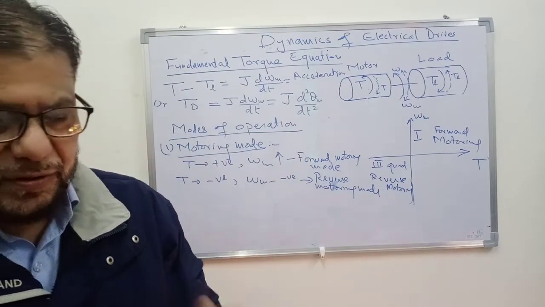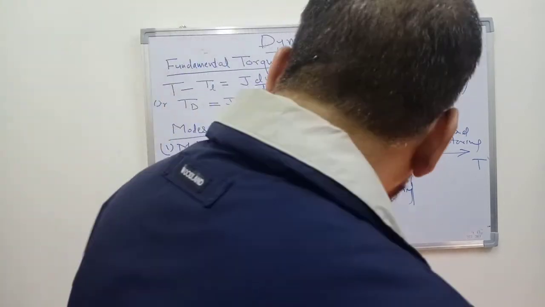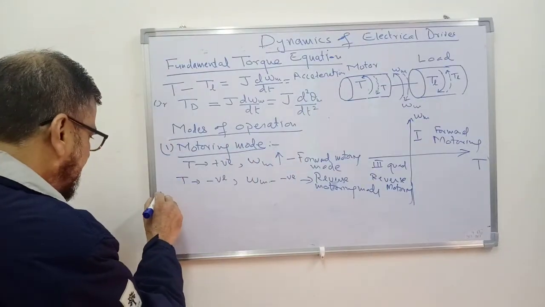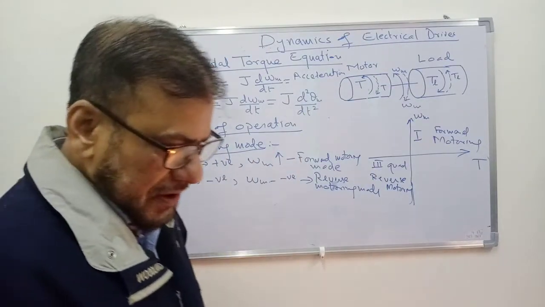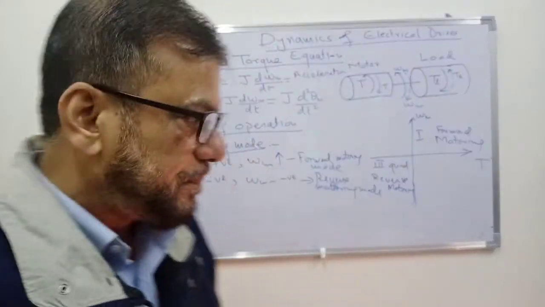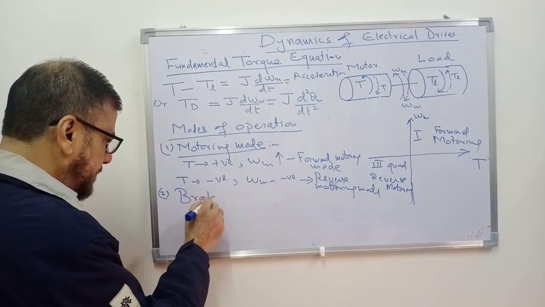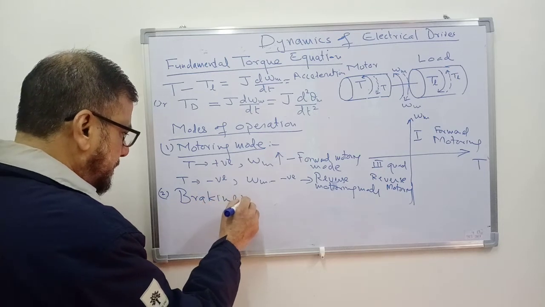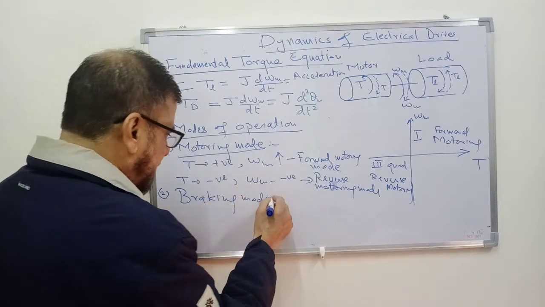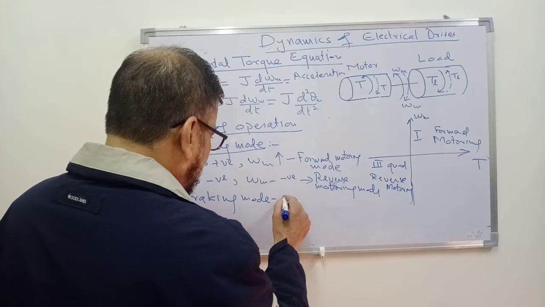So this is the first mode of operation, and the second is, you may call this as the braking mode. You may also call it as braking mode or generating mode.